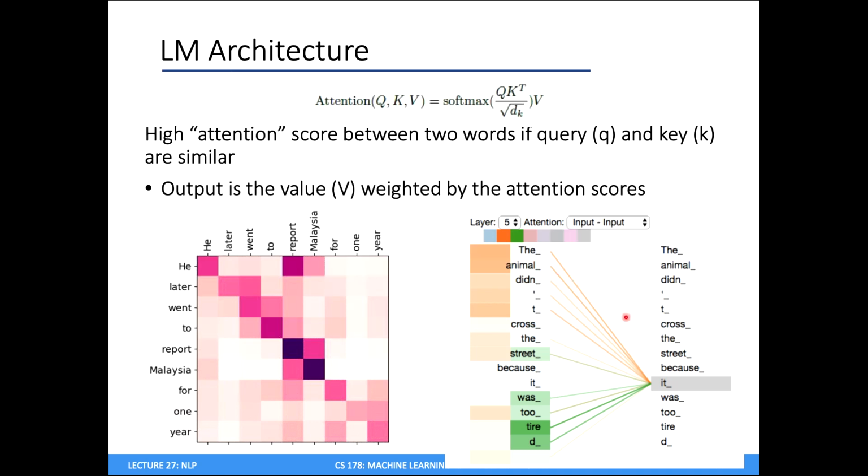So I like this example on the right a lot. We have a sentence, the animal didn't cross the street because it was too tired. Well, the word it here is kind of ambiguous. Does it refer to the animal? Was the street tired? And so this attention mechanism actually lets us pick up on these ambiguities in the sense that the word it is paying high attention to certain words.